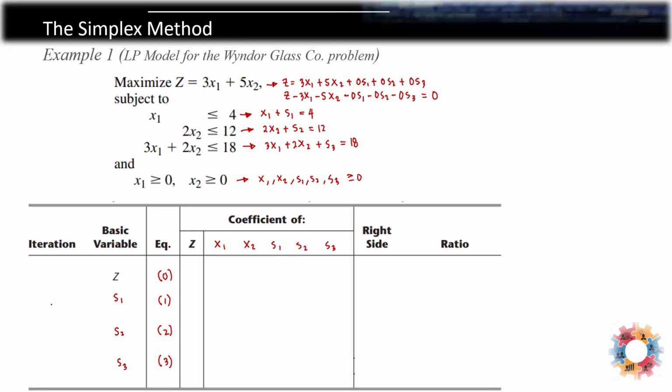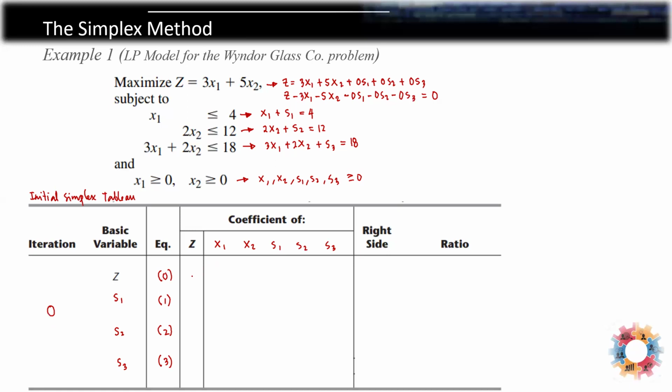Here we're just starting, so this is the 0th iteration. We call this table the initial simplex table.